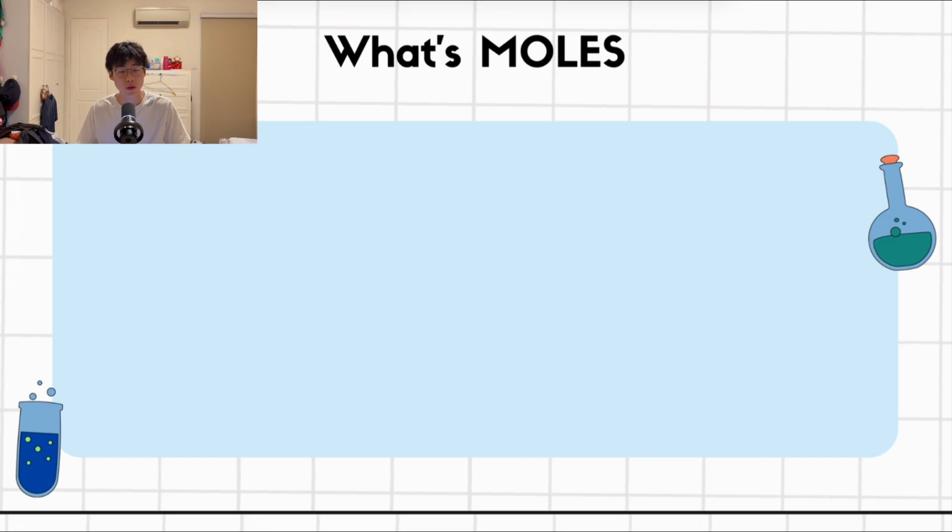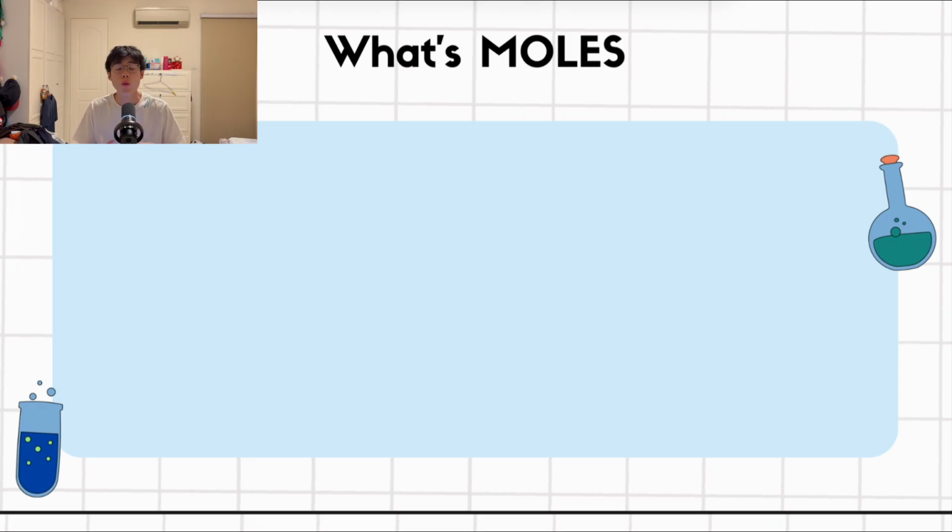And the reason why you have to invent the mole in the first place is because, let's say you have a sample of a substance in a lab. However, each single atom is very, very small, and it's impossible to measure the amount of the substance using atoms as a unit, because there are just simply too many.